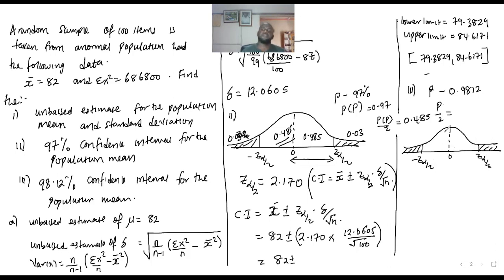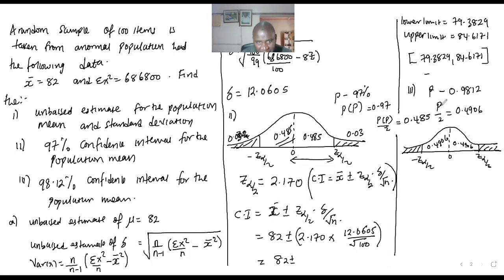What do we get? When you divide, you get 0.4906. So this side is 0.4906, and this one is 0.4906.